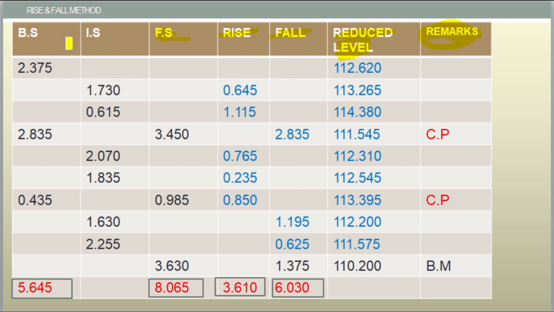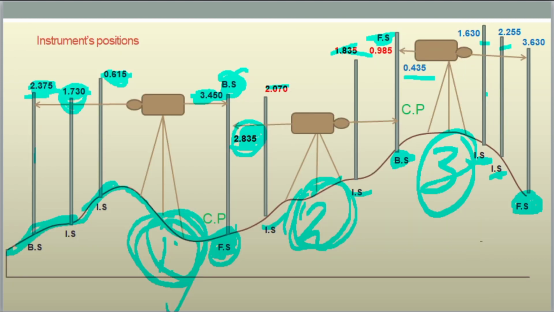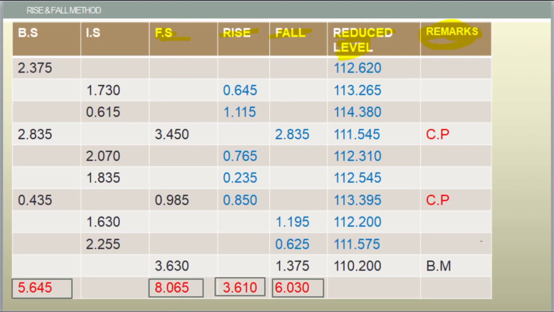We start here. So the first reading of the instrument, so this is the backside. Here we have 2.375. We have the intermediates, we have two intermediates, then we have our last reading there as 3.45. Those are the values we are going to input.